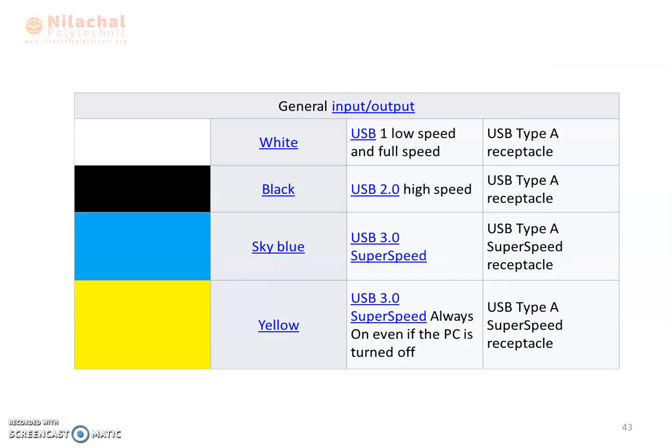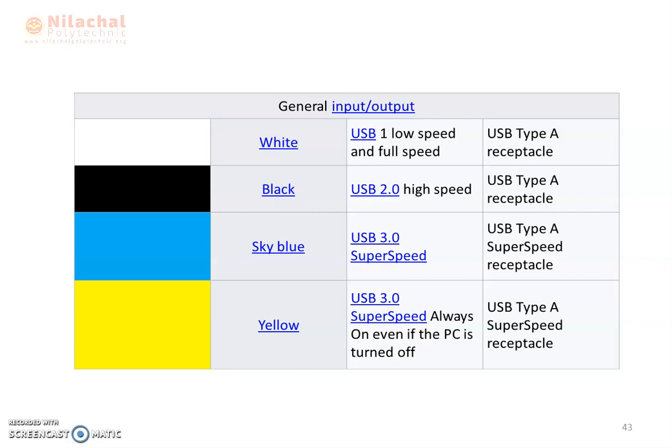Next are the general input output ports. The basic input output port is the USB port. We have already discussed the bus standard, in which there are different types of USB ports differentiated according to their speed.